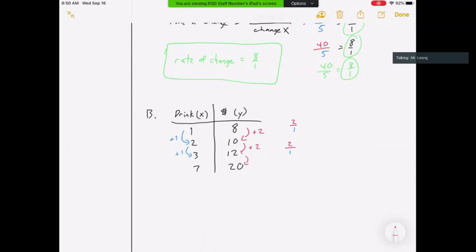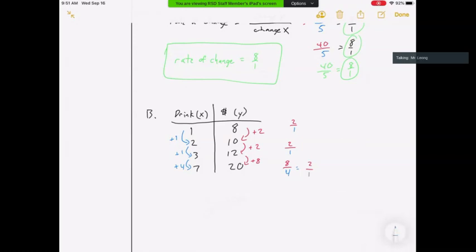Okay, so some people might think, well, Mr. Young, no, it's going up by a different amount. That means it's not the same. Well, 12 to 20 is plus 8 over 3 to 7, which is a plus 4. Guess what happens when we simplify that? We get the same thing, 2 over 1.